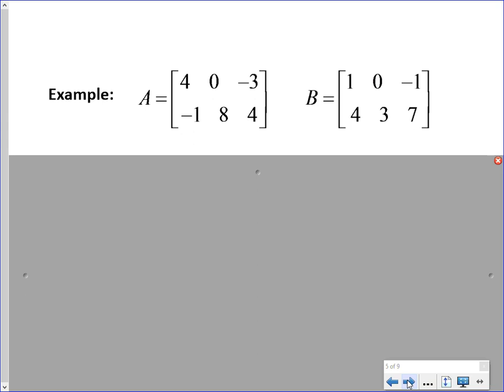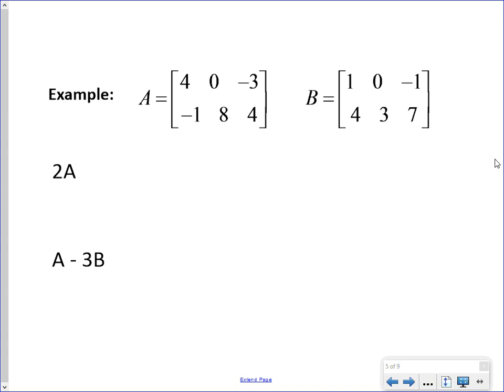And then matrix B is equal to first row 1, 0, negative 1, second row 4, 3, 7. And then you are going to perform these operations. 2A and then also A minus 3B.